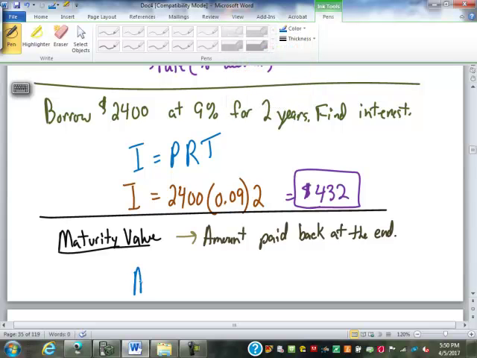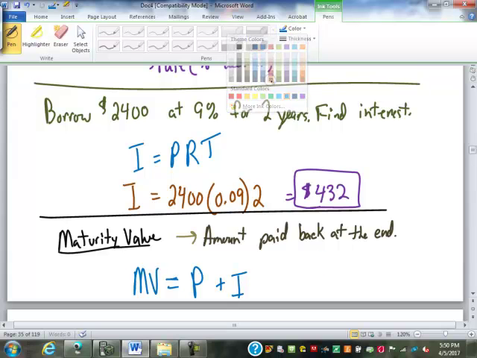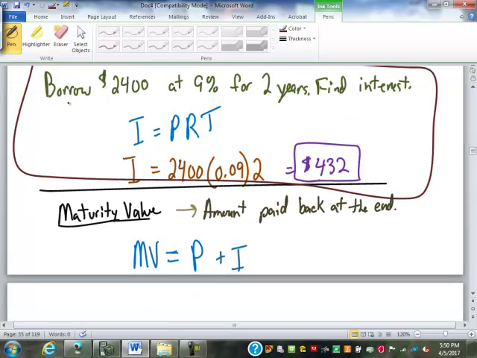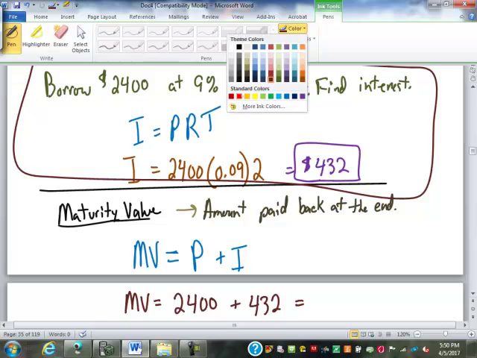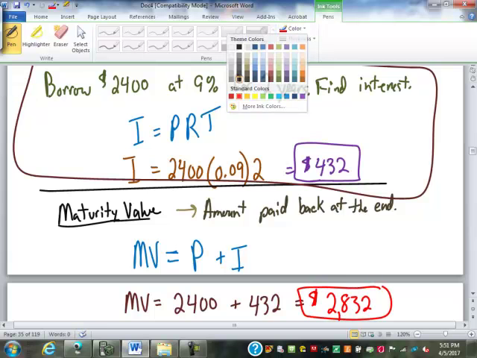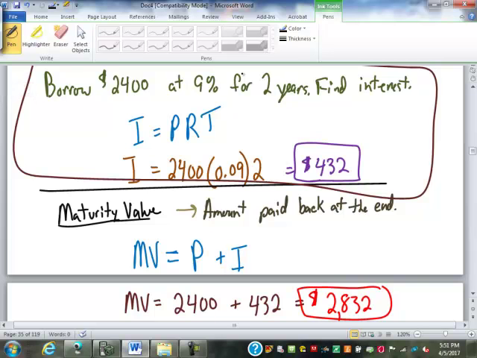Maturity value, MV, is equal to your principal plus your interest. That one shouldn't be a big surprise, right? So for the example we just did up here, borrowing $2,400 at 9% for 2 years, our maturity value is going to be that $2,400 plus the interest of $432, which will be $2,832. Any questions so far?